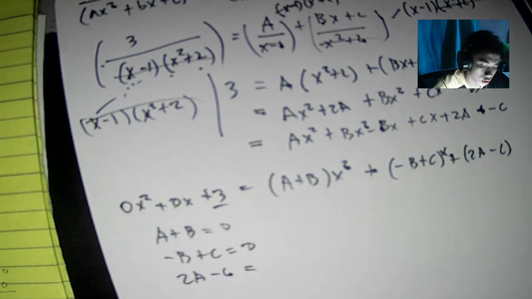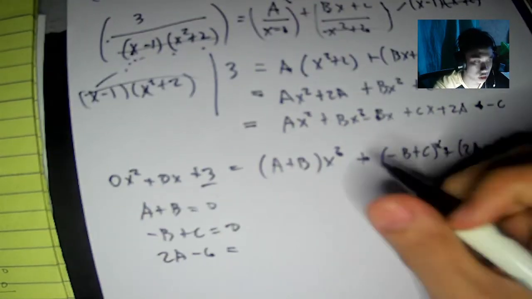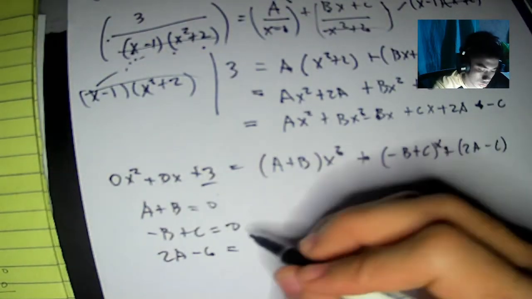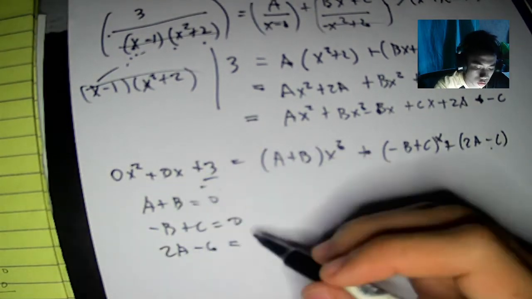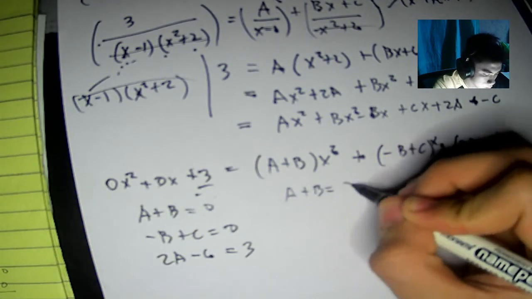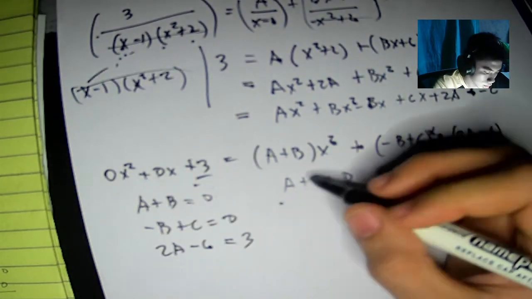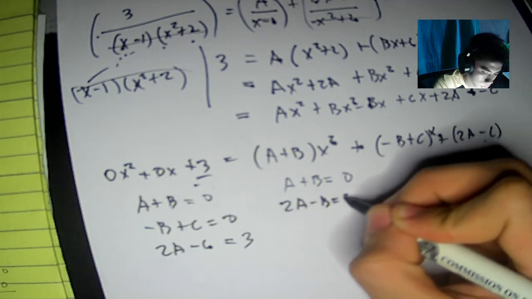It has no value because the numerical coefficient of x is 0. So you'll have both zeros here. So a plus b is equal to 0, and 2a minus c is equal to 3.